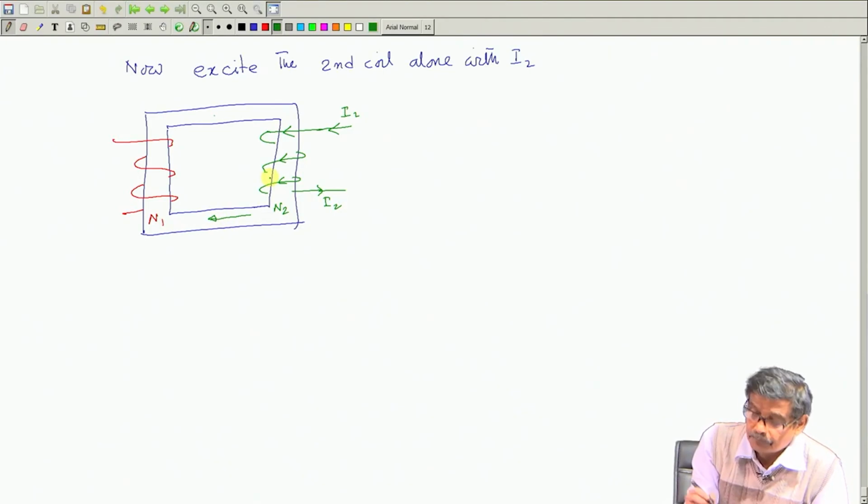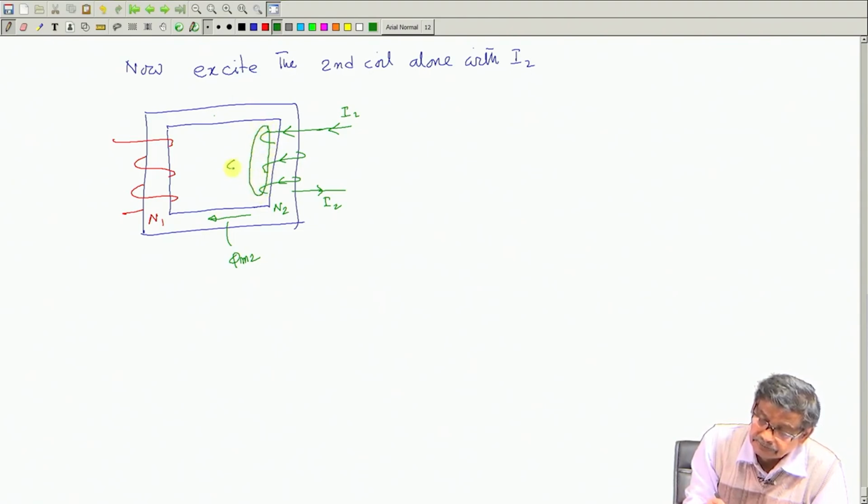This will produce a flux which will have two components, one is phi m2 and another flux component will be there, which will be leakage flux phi L2.